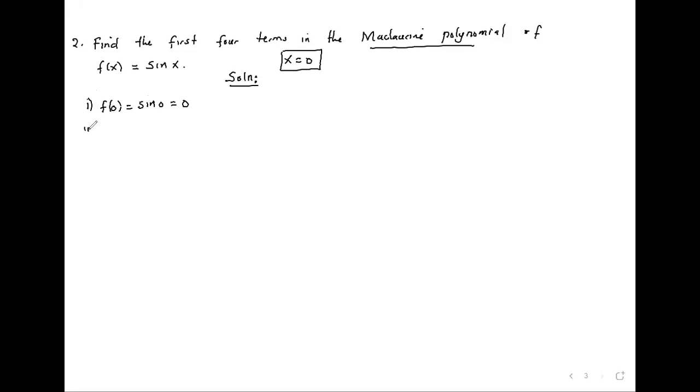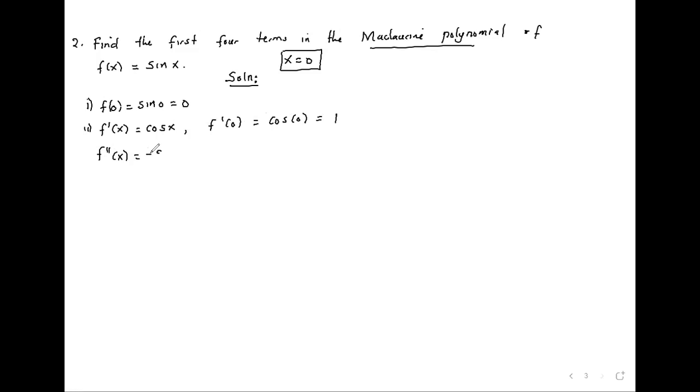Then we differentiate it, we get cos x, and then f prime of 0, that is cos 0, giving us 1. The third, we differentiate again, so we get the second derivative. What is f double prime of x?